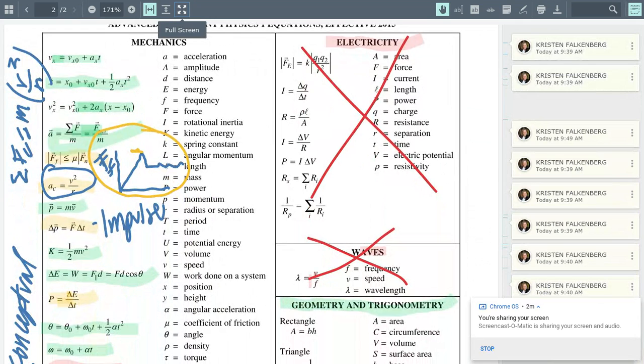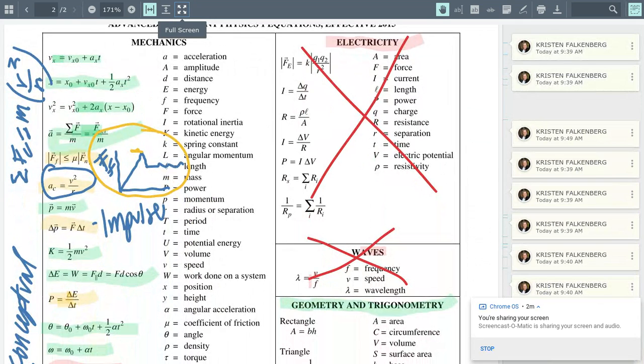I did not emphasize centripetal acceleration, a sub c. I just put it in the equation that we discovered with our circular motion. The net centripetal force is mass times the centripetal acceleration, and centripetal acceleration is v squared over r.